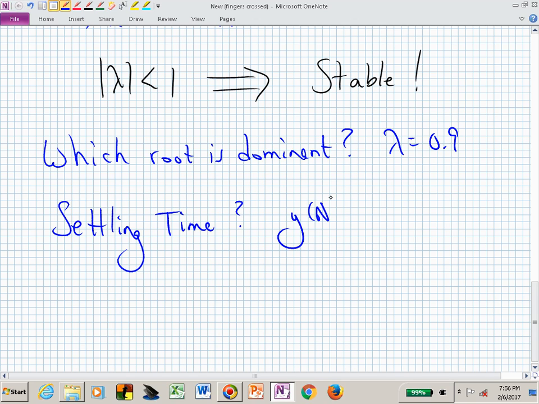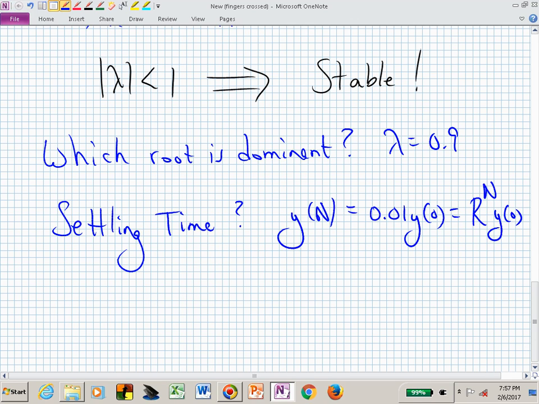Our settling time now can come from this y of n equaling 1% of where we started, and that's also the r, the dominant r, raised to the capital N times y of 0.